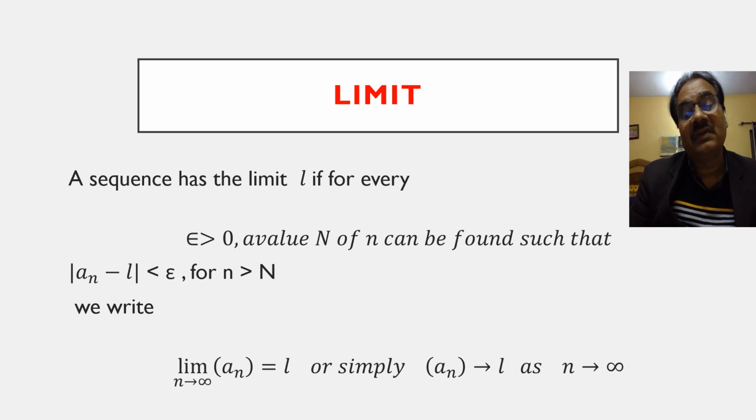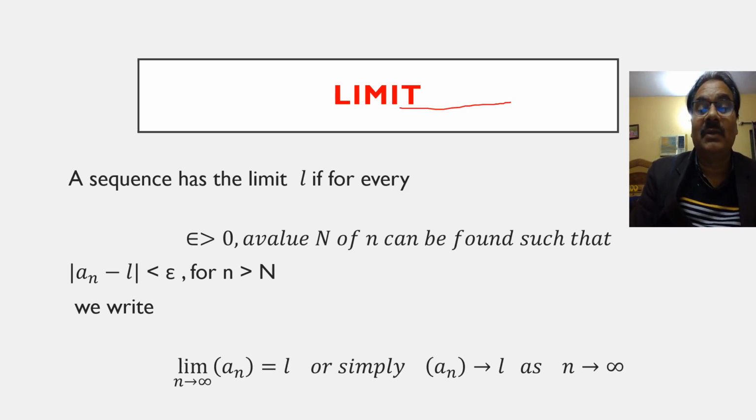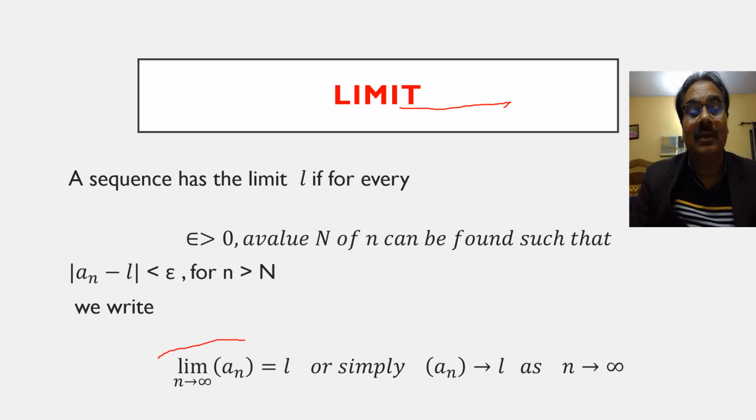Since we have already discussed the sequence, we must discuss the limit also. A sequence has the limit L if for every epsilon, which is a very small but positive quantity, a value capital N of small n can be found such that mod of an minus L is less than epsilon.